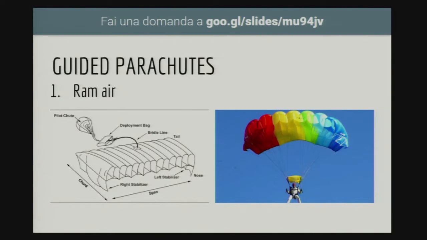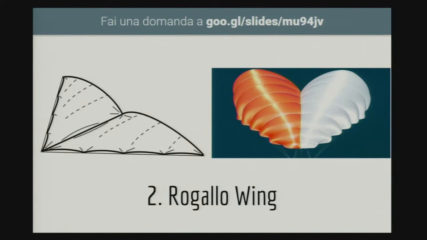So I can guide it during the last part of the descent phase. Why a guided parachute? Because I want to bring my rockets closest to the launch site.